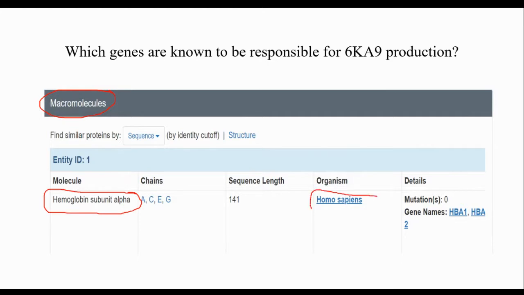And here is also a tip for you, that it says the organism is Homo sapiens, and here you can see the responsible genes for that. HBA1 and HBA2 are responsible for production of this protein.